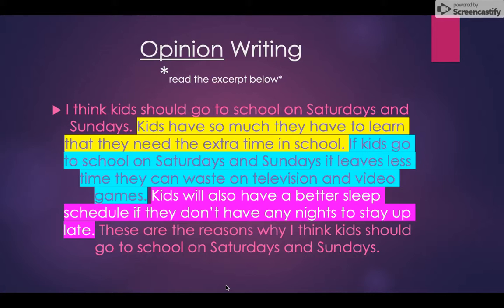These are the reasons why I think kids should go to school on Saturdays and Sundays. As you can see, this author provided his initial opinion on the first sentence. Then he gave us 3 good reasons to prove his reasoning behind his opinion. At the end, he concluded his statement restating his initial opinion of why he thinks kids should attend school on Saturdays and Sundays. This is a great example.